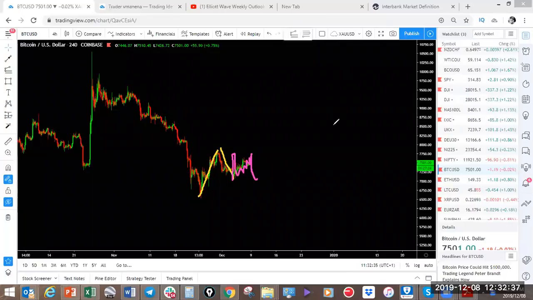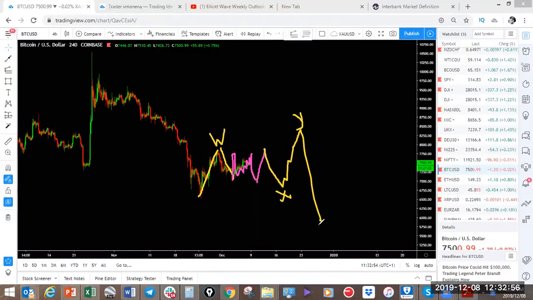And for this to be complete, 1, 2, we need to have another 3 here, and then the downside here on Bitcoin. So we could be going a bit more sideways like that, and then move like this. Then you've got a WXY structure in the lower degree to complete that higher degree Z.